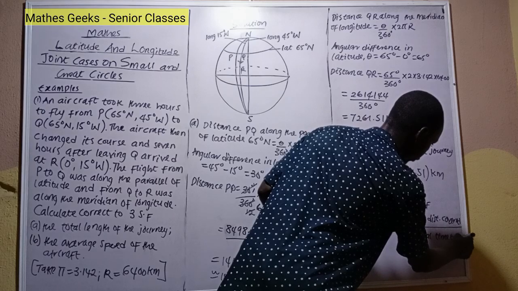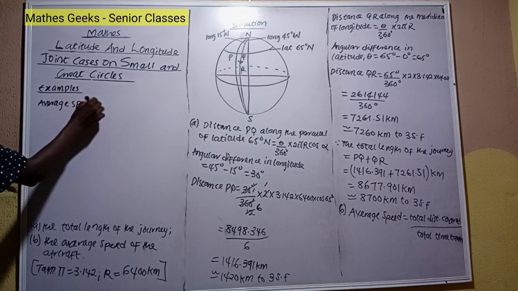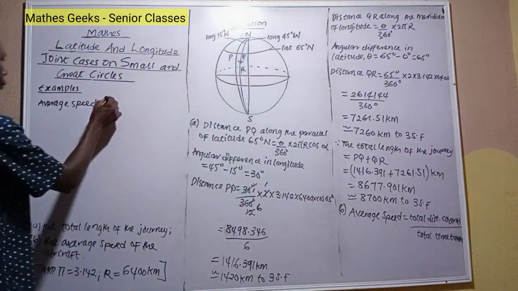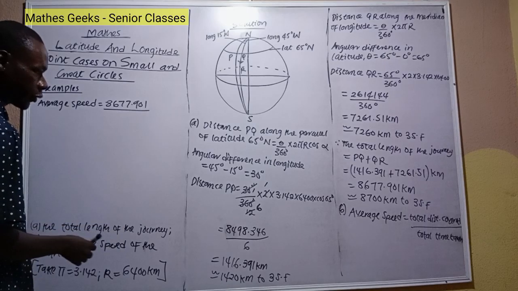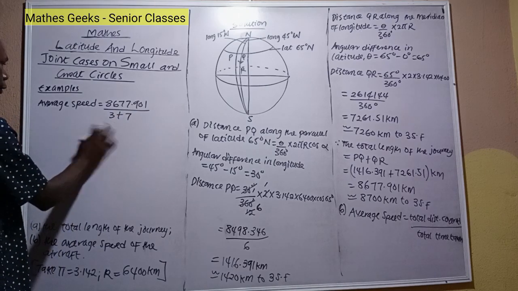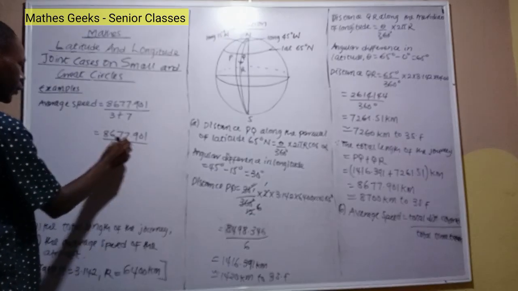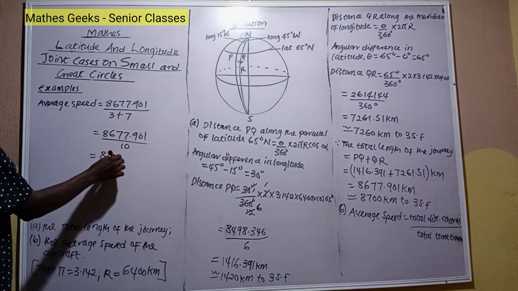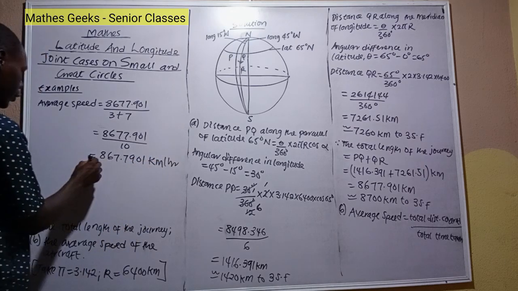We've already gotten the total length of the journey here, 8677.901, divided by the total time taken, which is the first 3 hours plus 7, so 10. 8677.901 divided by 10 gives 867.7901 kilometers per hour approximately.